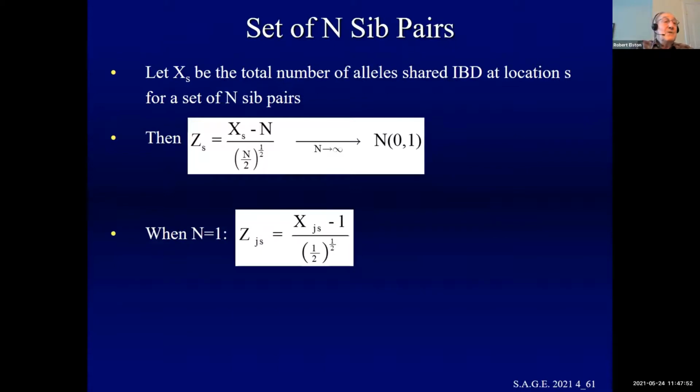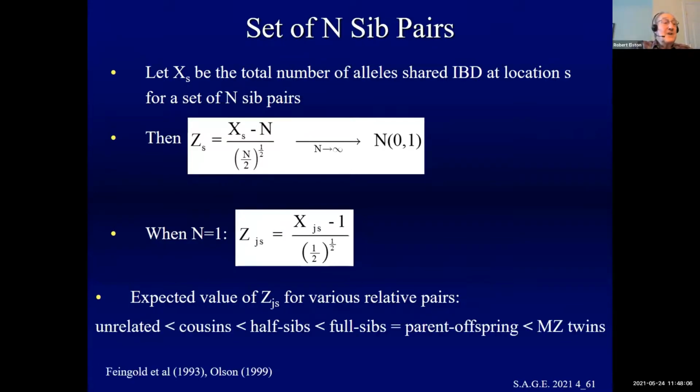When N is equal to 1, then you've just got (X_JS minus 1) over the square root of a half. And the expected value of this Z_S for various relative pairs looks like this. The unrelateds are very small, cousins not quite as small, half sibs again not as small.